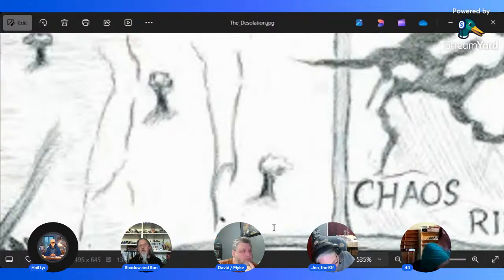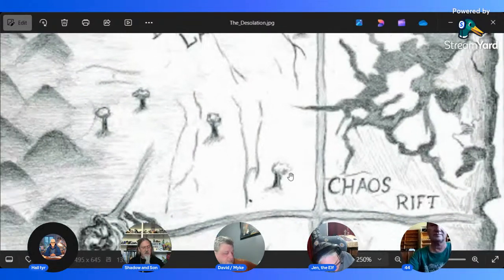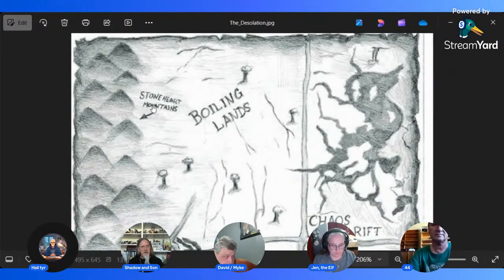I guess it looks sort of safe. We'll stay away from the mud. Unfortunately, the boiling lands are there for a reason. This whole thing is just mostly bubbling, boiling swamp.